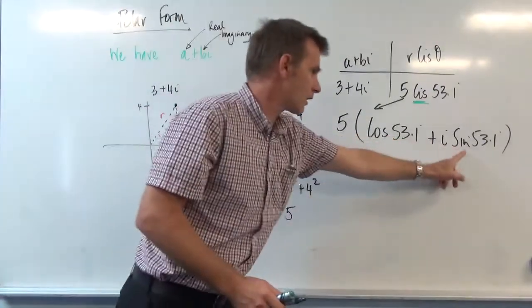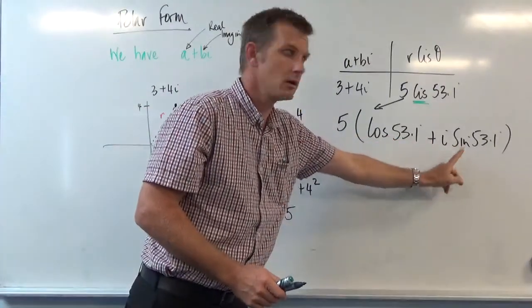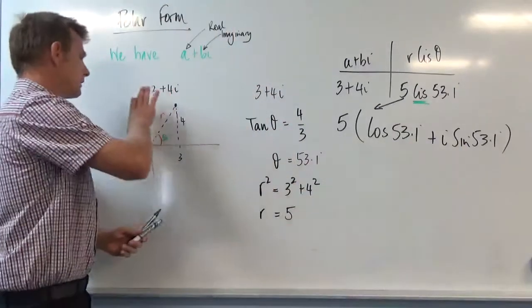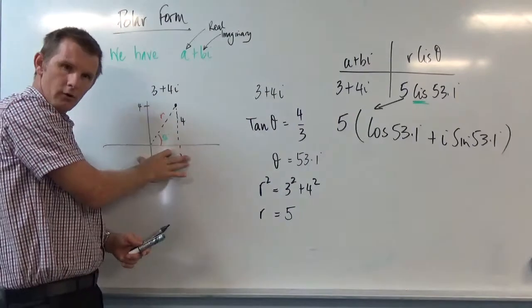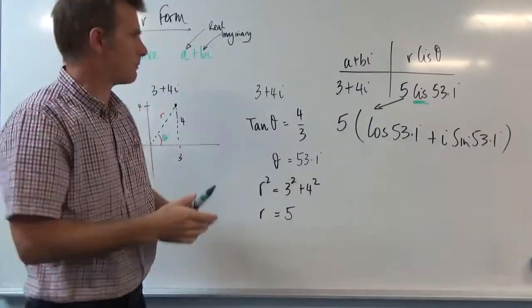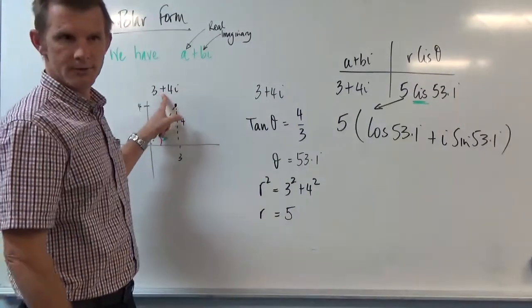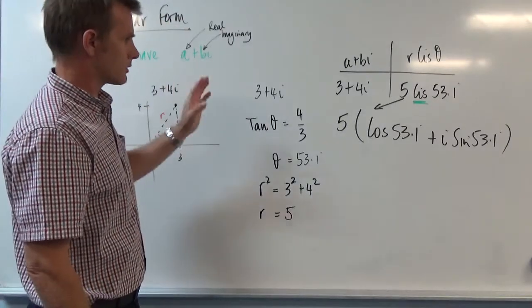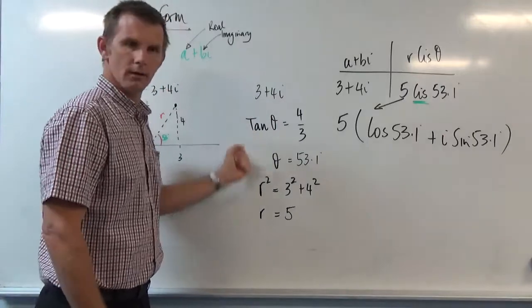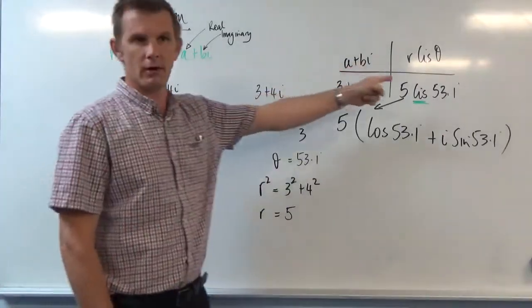And of course the second part, being with the i sine, is going to be the vertical axis. The first part is going to be the horizontal axis, which relates directly back to our a plus bi. So the polar form of a complex number, you really just need to be able to use a bit of trig and a bit of Pythagoras, and you can write it.